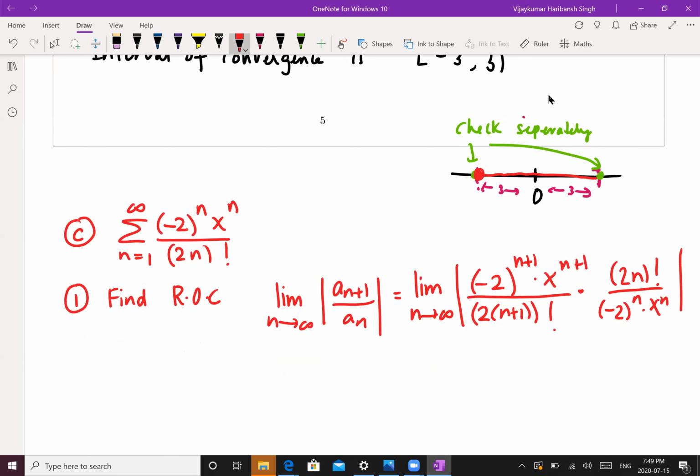Now this can be simplified further. When you cancel 2 to the n off, you will get minus 2, and we are taking absolute value of that, so it's going to be 2.